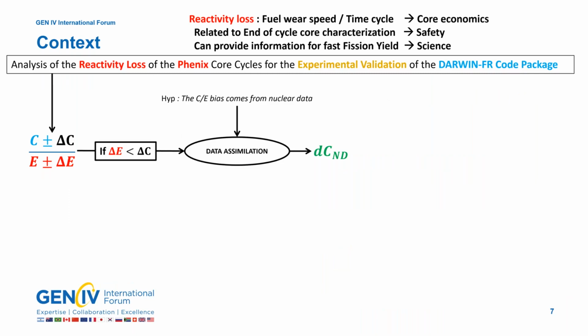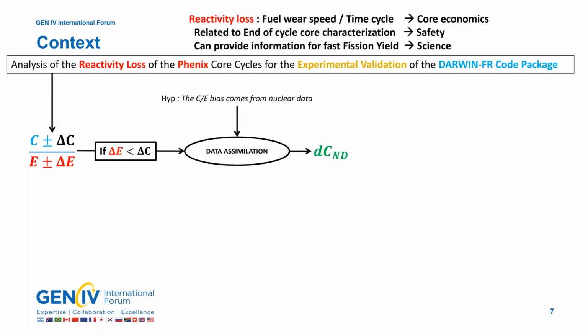So why reactivity loss? Because it's related to the cycle time, so directly to core economics. Because it's also related to the end of cycle core characterization, so directly to the safety, the sodium void coefficient for those who know, and because it can potentially provide information for fast fission yield, so a more scientific purpose.